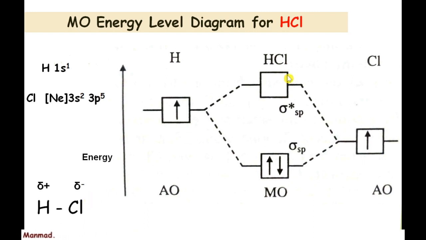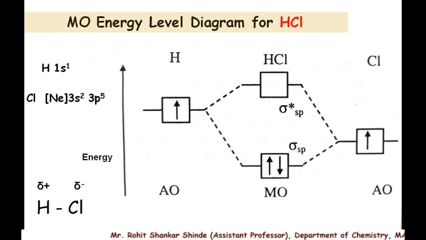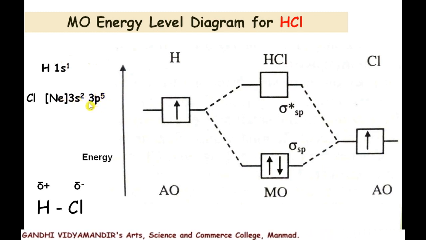Let us consider the formation of the HCl molecule. It is shown that the filled 1s, 2s, 2p, 3s orbitals of the chlorine atom are lower in energy and hence cannot participate in bonding. Only the 3p orbitals of the chlorine atom are of suitable energy and can combine with the 1s orbital of hydrogen.